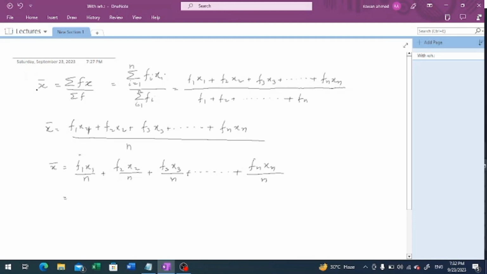So what this makes, f1 on n for x1, is in fact representing the probability of x1. So we can now change this entire expression with its probabilistic version as this.